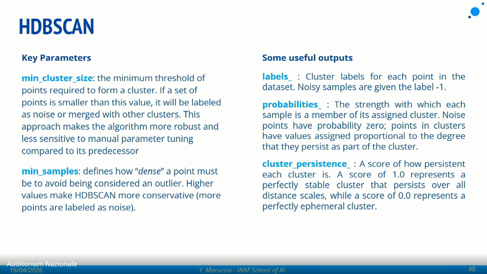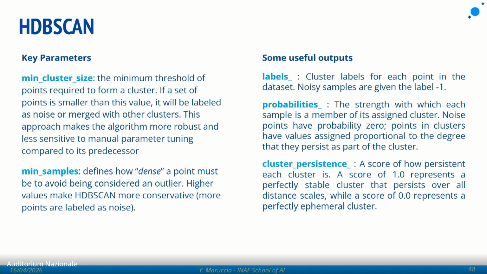So how do we measure how good our clustering is? We have to analyze the probability of each point belonging to that cluster. If the probability is high, then it is a good point for that cluster, otherwise not. The cluster persistence is a score of how persistent each cluster is.